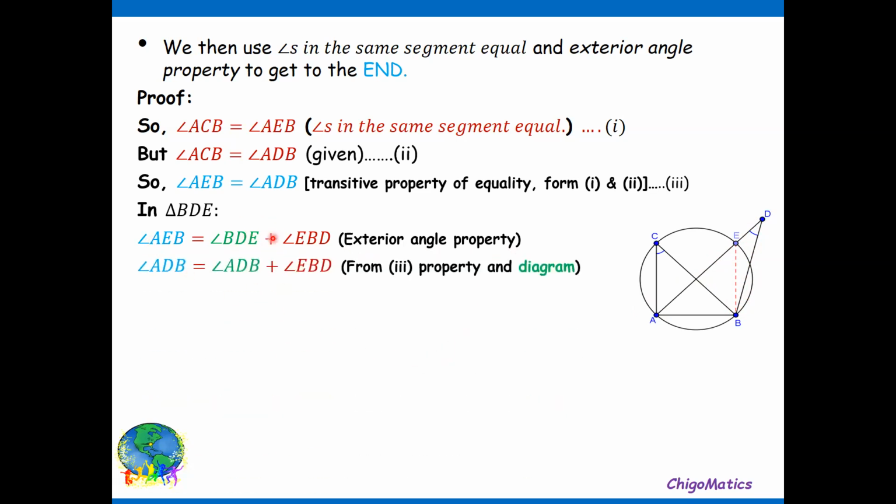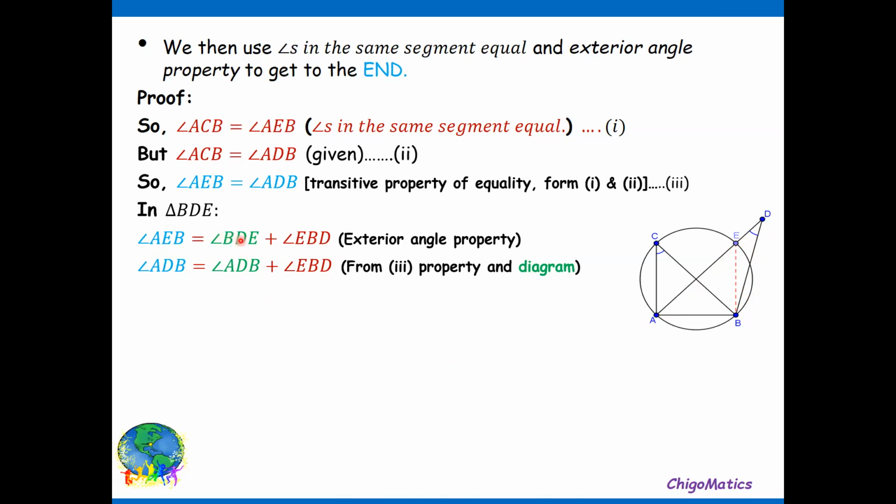Then, if we do that, you realize that the angles in green are the same. Why? We have BDE, referring to the angle in D. But we can refer to that angle as ADB, referring to the same angle. The letters are different, but they all refer to the same angle.